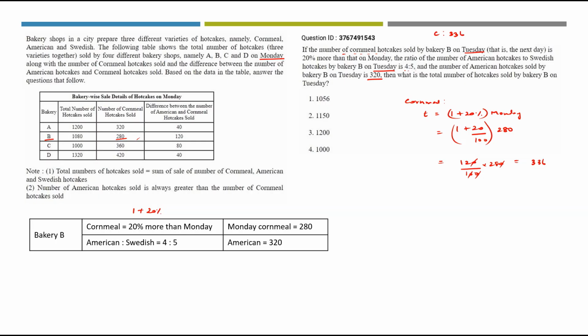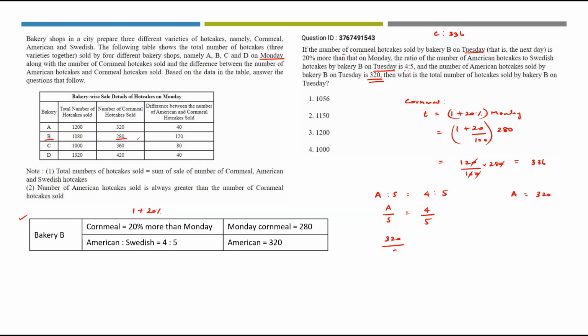Now we are given a ratio of American and Swedish as 4:5. From here, we also get the value of A to be 320 with respect to Tuesday. If you are not able to understand this paragraph, I have given it in the form of a tabulation here. So this can be expressed as A divided by S is equal to 4 divided by 5. Now what is A? It is 320.